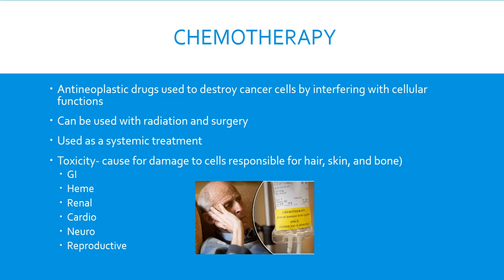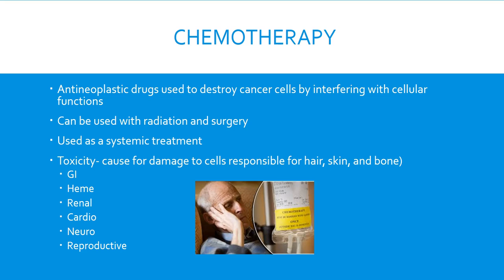It's very toxic, causing damage to cells responsible for hair, skin, and bone loss. And it can also affect the GI, your blood, renal, cardiac, neuro, reproductive. Basically, to me, this is giving patients who have cancer poison to literally kill off everything that it could possibly imagine and start over.